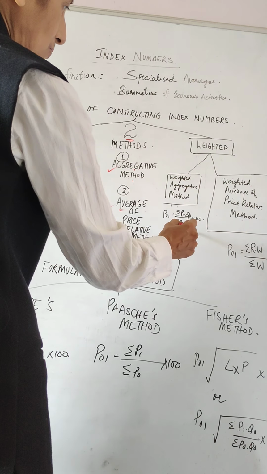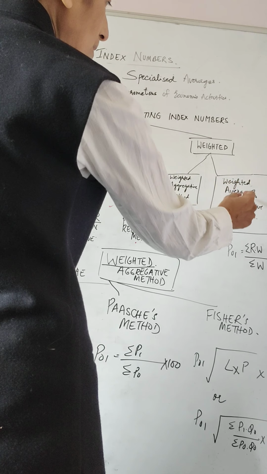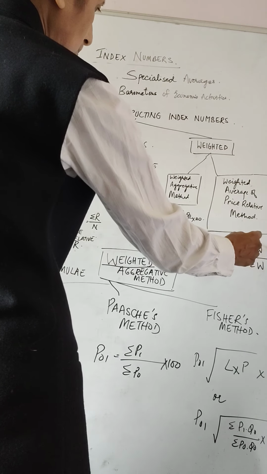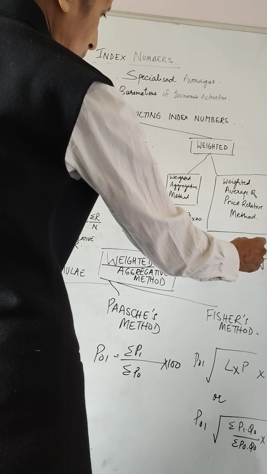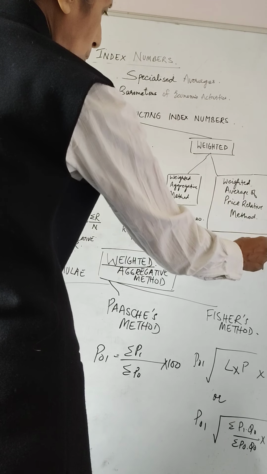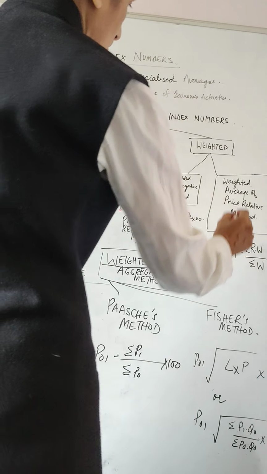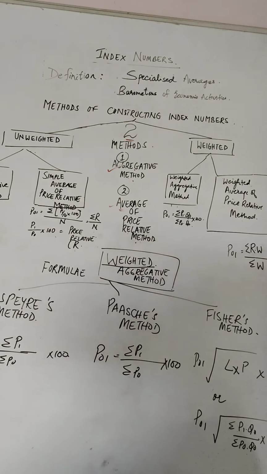That's the weighted aggregative method. And then we have the weighted average of price relative method. You know what a price relative is. It is sigma of the price relative multiplied by the weights, divided by sigma weights. That's the weighted average of price relative method.